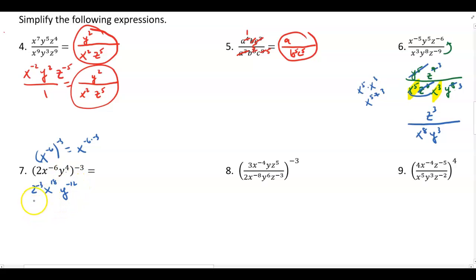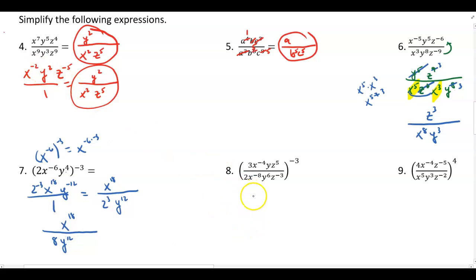And right away here, if I put this all over 1, 2 to the negative 3 is going to go down and become 2 to the positive 3. X to the 18th, since it's a positive exponent, it's going to stay up. And y to the negative 12 is going to come down to make that exponent positive. Now, the only thing we could do here is go ahead and simplify 2 to the third. So we get x to the 18th over 8 y to the 12th.